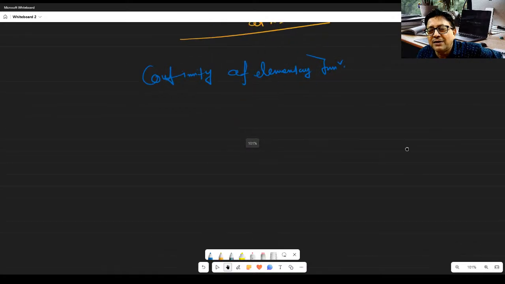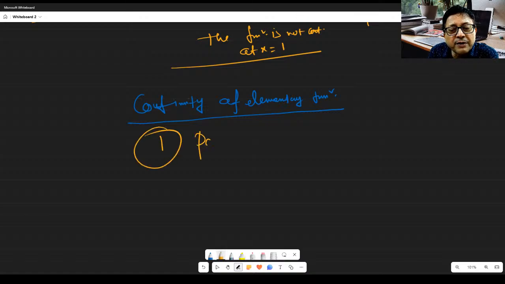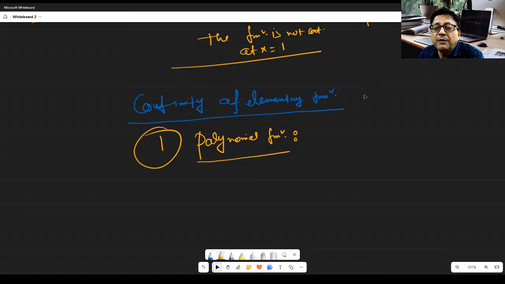Graph of function also done for elementary functions. What you have started with for elementary functions? Let us start with the polynomial functions. Number 1 is the polynomial functions.